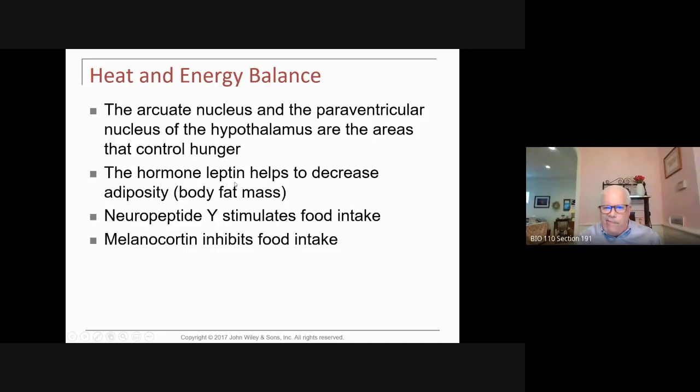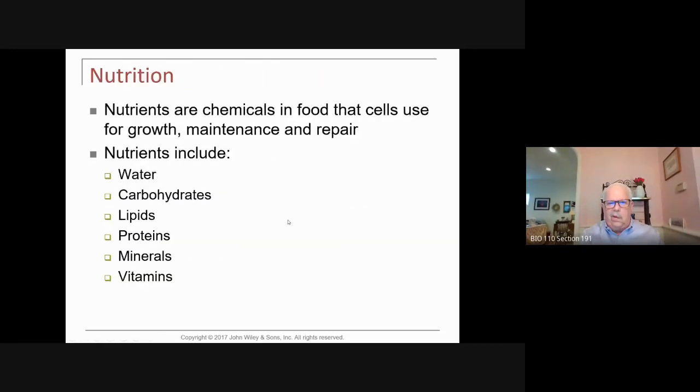Adipose tissues, fat cells, produce leptin. And leptin will tell you when to stop eating. So in combination with the hypothalamus, the arcuate nucleus, and the paraventricular nucleus, the hormone leptin in your fat cells will control hunger. The other two are not important. Okay?